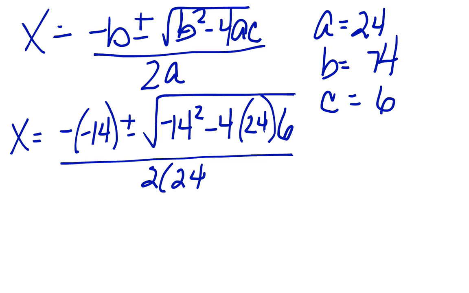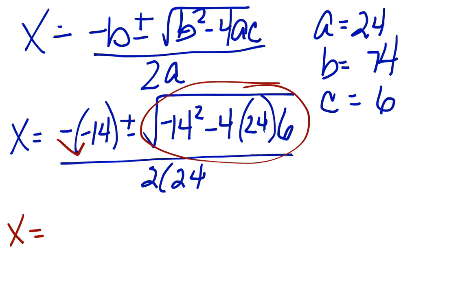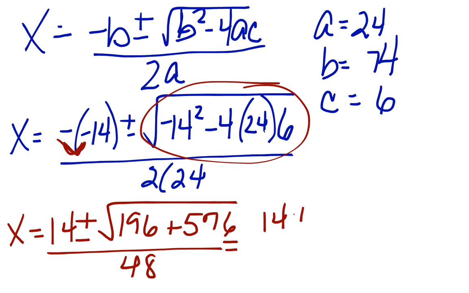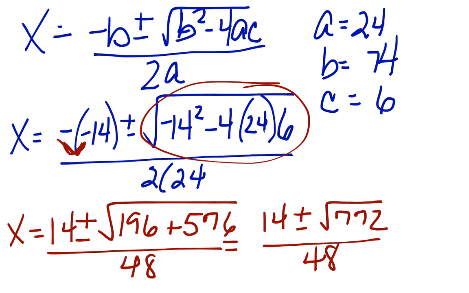Now, remember, the square root is like a grouping symbol, so we need to simplify that part first. When we calculate that, I'm going to go ahead and make my 2 negatives into a positive, plus or minus the square root of 196 plus 576, and all of that is going to be over 48. When I simplify that, I'm left with 14 plus or minus the square root of 772 all over 48.